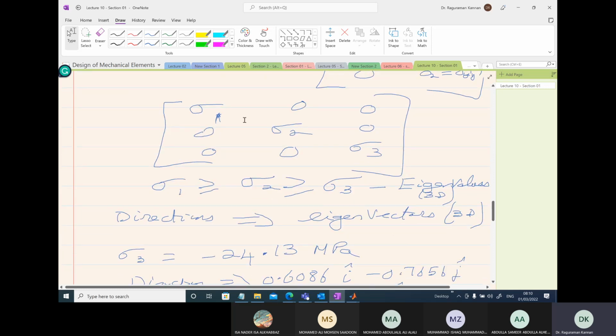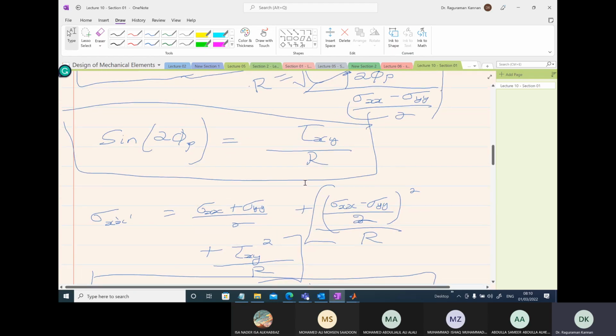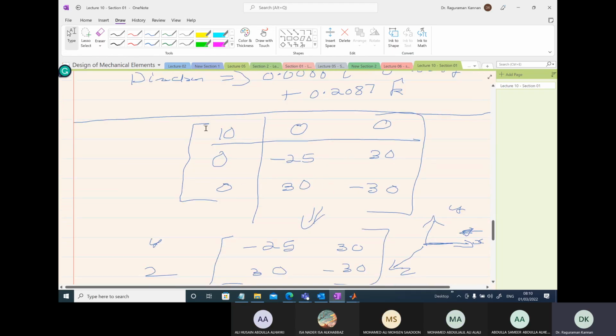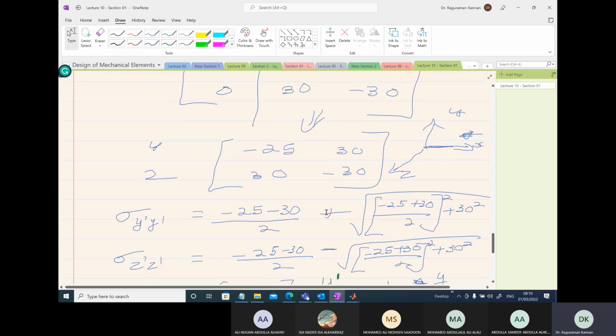Now we were going through this example problem where we have one of the stresses given. Let me go to the problem where we have a 3D problem. This is the 3D problem we went through as an example, and we saw the method on how to get the principal stresses by reducing it to a 2D problem.